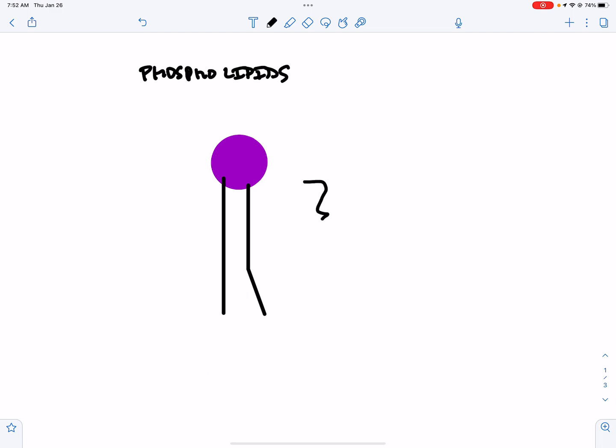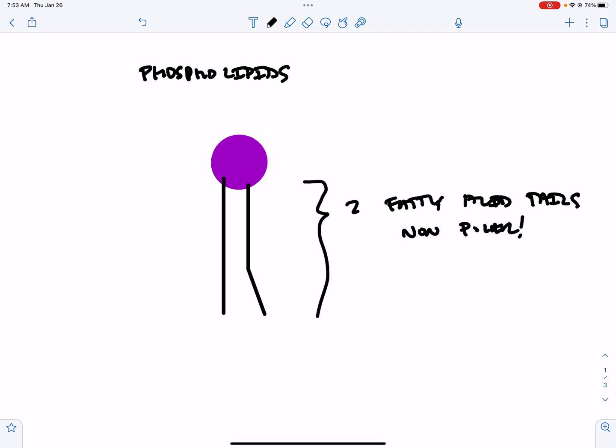They're two fatty acid tails. Remember, these are long chains of carbon and hydrogen, so they are non-polar, and as such, they are hydrophobic.